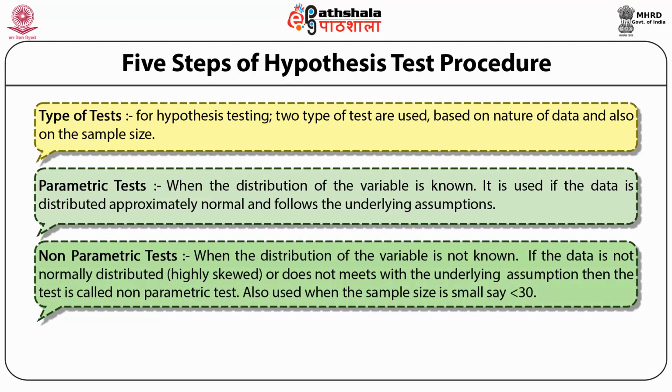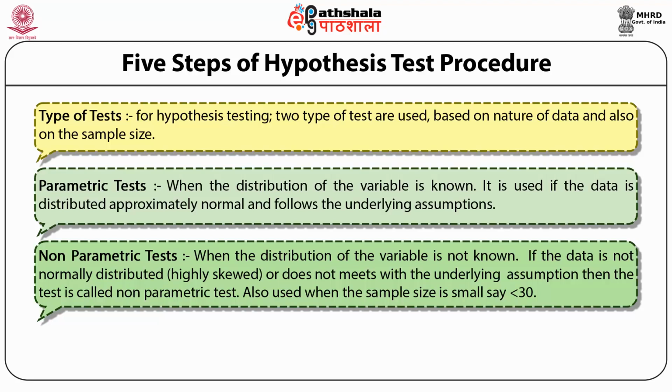Non-parametric tests are those used when the distribution of the variable under consideration is not known. That means the data is not normally distributed, that is, it is highly skewed, or does not meet the underlying assumptions of normality. Then we have to apply a non-parametric test.